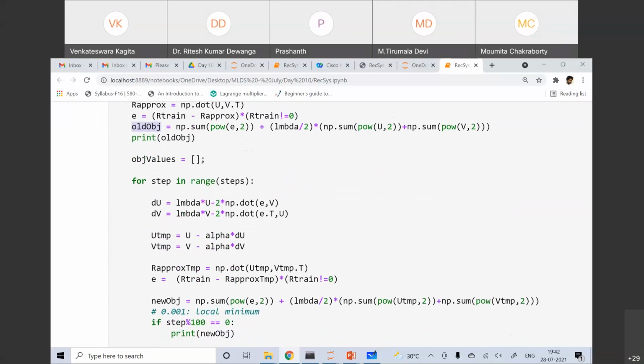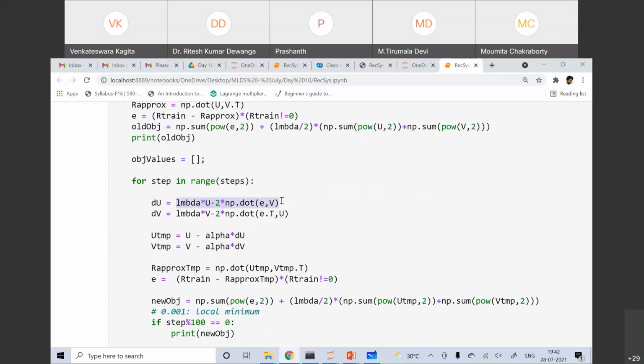You repeat this for the number of iterations specified as the number of steps, which is 1000 times. In this you compute the derivative of J with respect to U, which you refer to as dU. I have given this in the slides also.